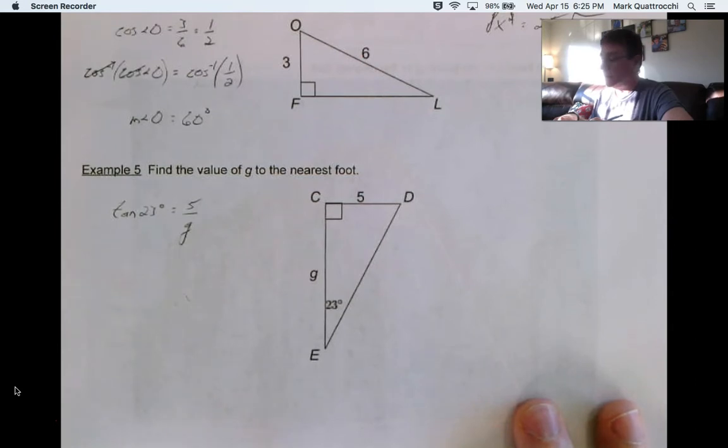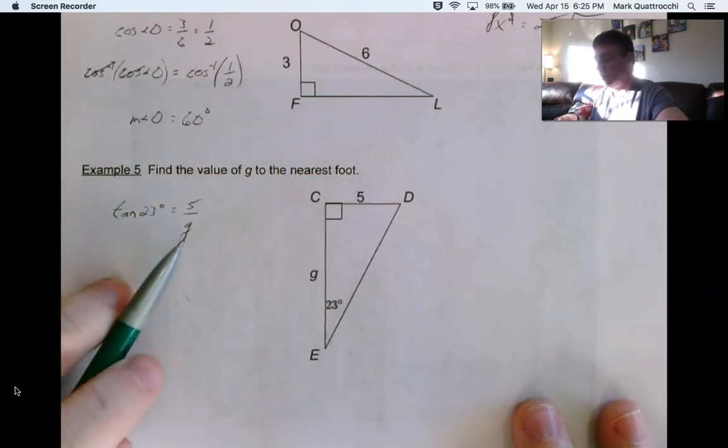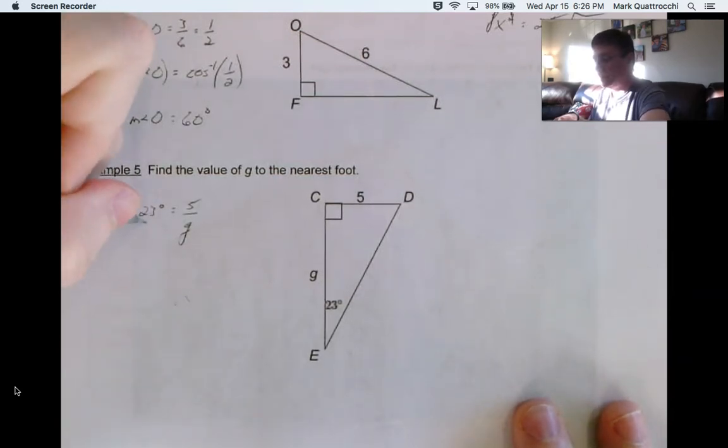Okay. Can't tell you how many students make a mistake with this algebra and they multiply both sides by, or divide both sides by 5, and they suddenly have G equals 5 times tan 23. That's not correct. That doesn't make sense. We're going to cross multiply.